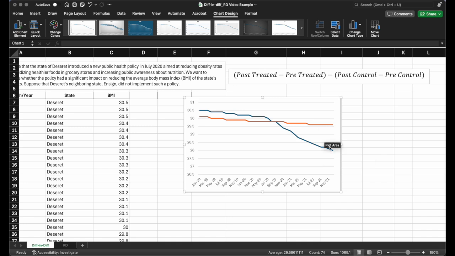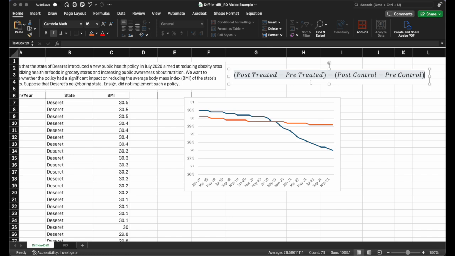But we also want to be able to measure the size of this effect. So a drop in what BMI is associated with this policy. So the way that we're going to do this is we're going to calculate the difference in differences. So it's this little formula right up here. So what we want is to calculate the average BMIs for 4 different groups.